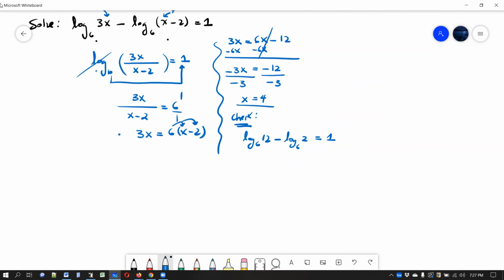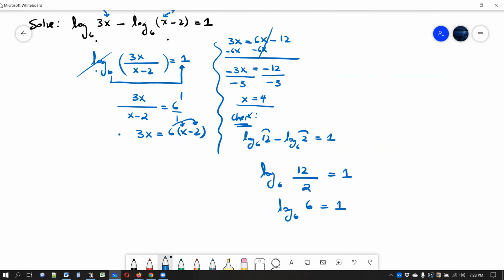By the properties of logs, the minus actually has the following property: this number over this number, 12 over 2. Obviously, 12 over 2 is 6. So I have log base 6 of 6 is 1.